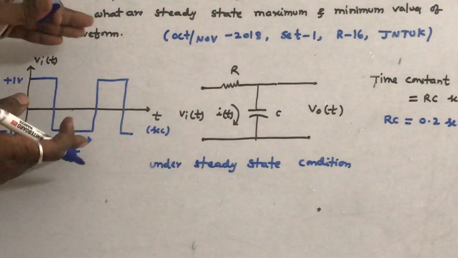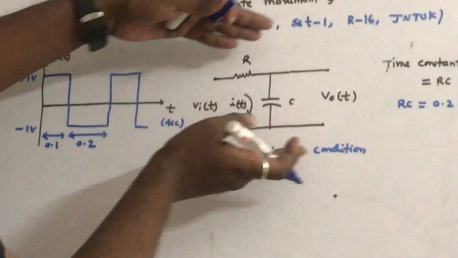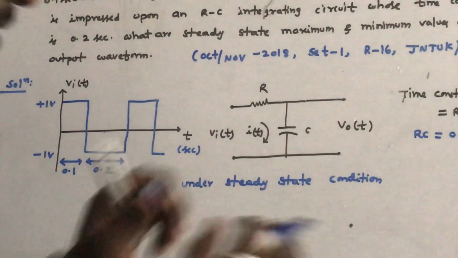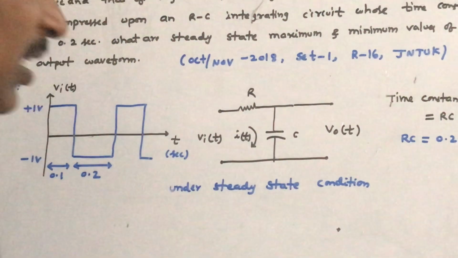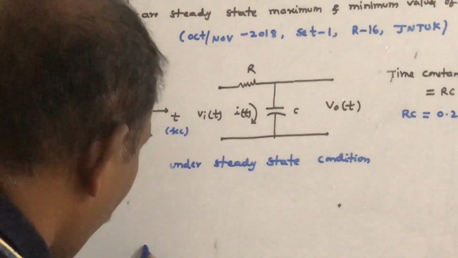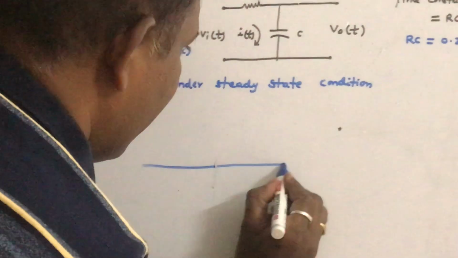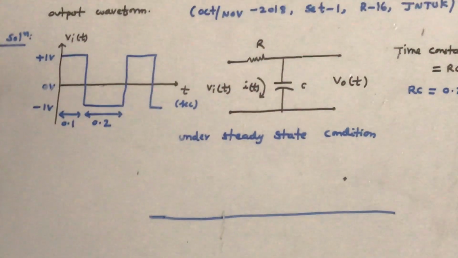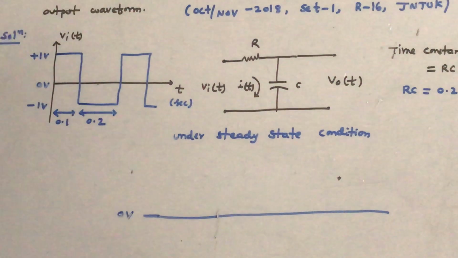If this input is applied to the circuit, after a certain time the output settles down. That is called the steady state condition. Let us draw this waveform. First let us draw the ground line, the 0 volts line.